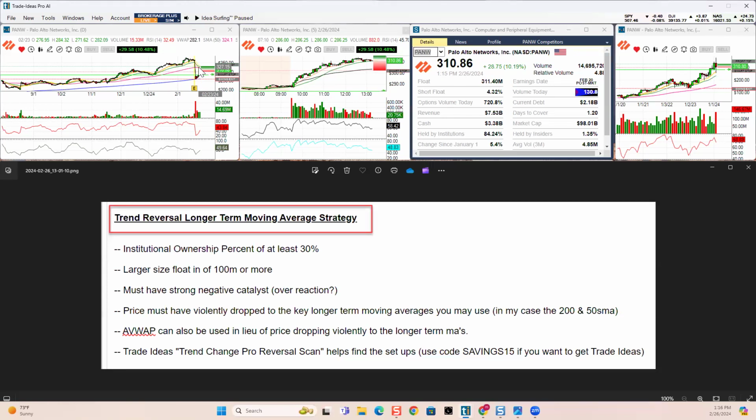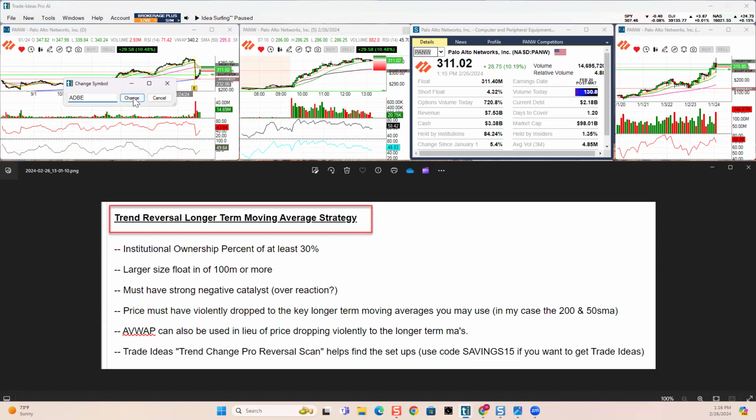So I'm guaranteeing myself a win on the trade, and then let it run to see if it wants to test the high that it was at before price dropped on the earnings. So hopefully I am making good sense in what I'm saying for this type of strategy setup.